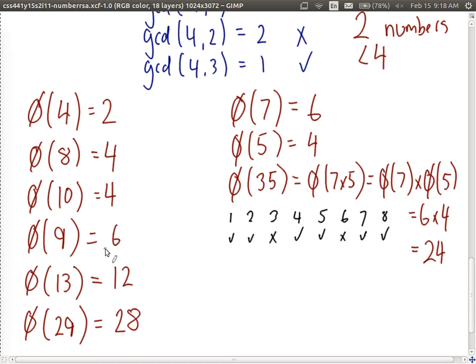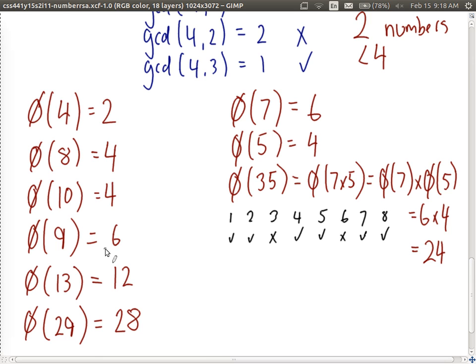If n is prime, the totient of a prime number, all numbers less than a prime number will be relatively prime with that number. So all numbers less than 13 will be relatively prime with 13. Therefore, the totient of 13 is 12.